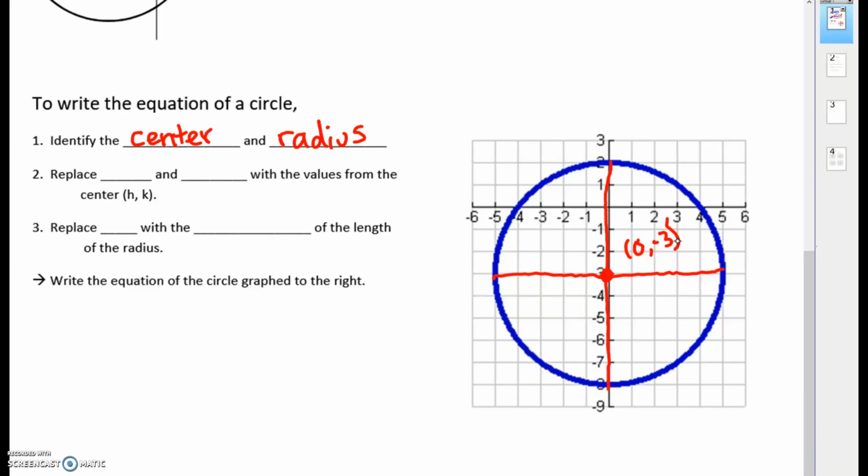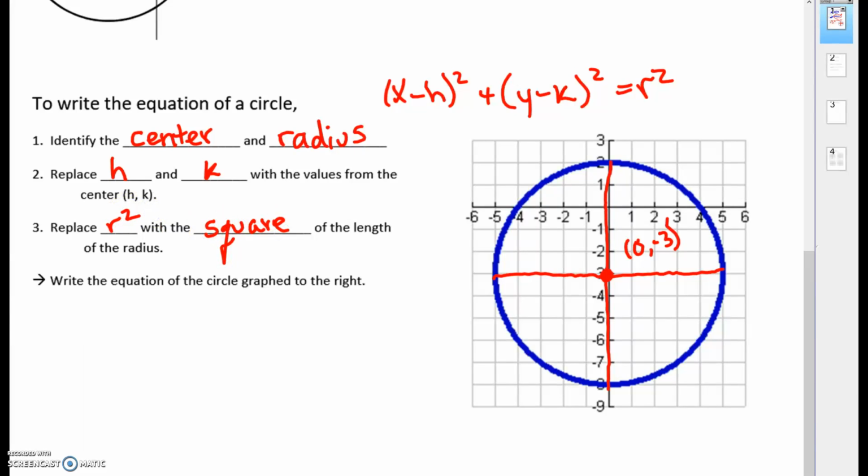So in my equation, x minus h squared plus y minus k squared equals r squared, I'm going to replace the h and the k with the values from the center, and I'm going to replace the r with the radius, with the square of the radius.